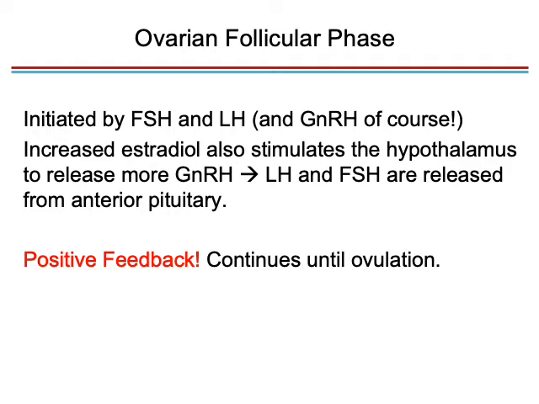Okay, somewhere around day 7 or so, there is an increase in GnRH release, which causes an increase in FSH and LH release, which goes down to the follicle cells, stimulates the granulosa cells, remember those, to produce estrogens like estradiol.